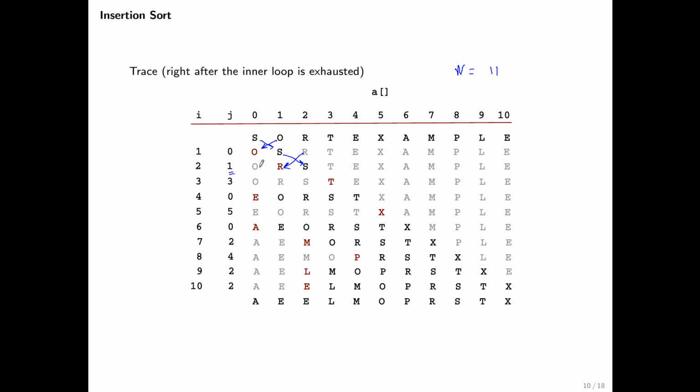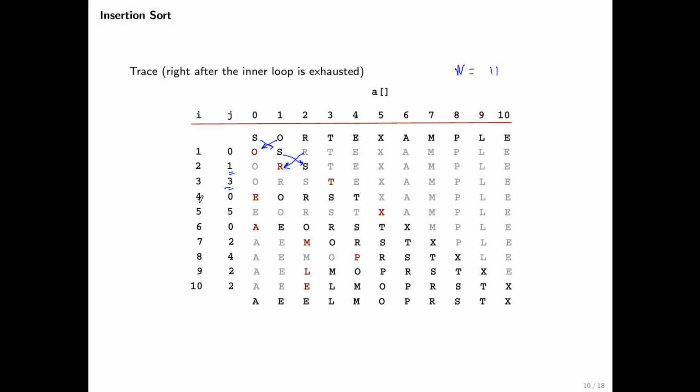So the inner loop is now done. Now O, R, S are all sorted. Then i becomes 3, so i is pointing to this T here, and j also starts at that element, and you simply compare A at j with A at j minus 1, but T is larger than S, so the j loop is done right away because T is already in the right place. So now O, R, S, T are all sorted.